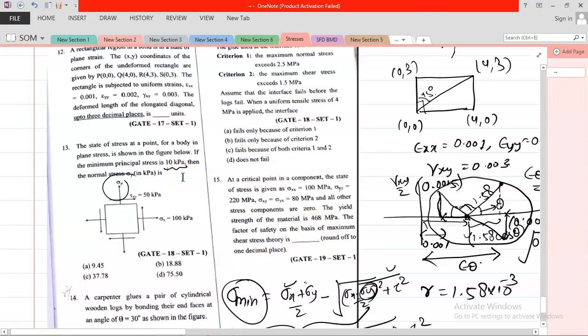So I want to ask you, any of you, do you think it is difficult to write the GATE paper, or it is difficult to solve the problem? You can just say yes or no, or write in the chat box.